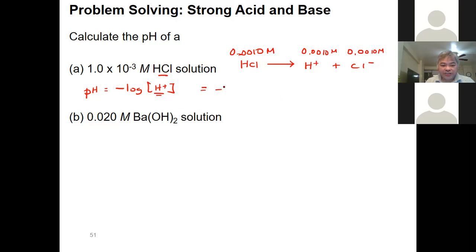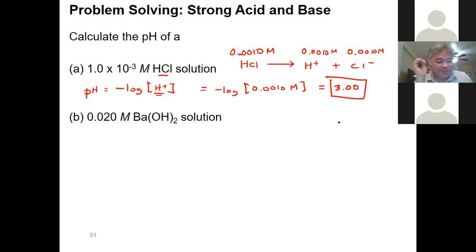So we could just say negative log of 0.001 molar. And that is equals to what? 3 po. 3.00. Question on that? Sure ball ba pag ganito yung question? Kaya naman po.